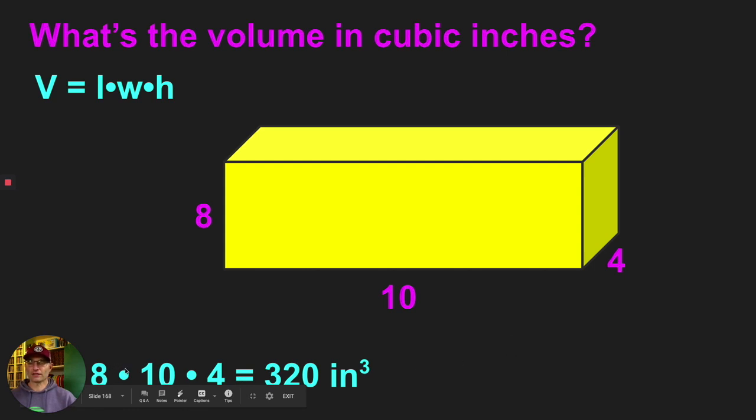So you have 8 times 10 times 4 equals 320 cubic inches. And notice the little 3 here, it's cubed, because these are all cubic inches. Whenever you're doing something in 3 dimensions, in volume, it is always in cubic inches. So you got to put a little 3 up there.